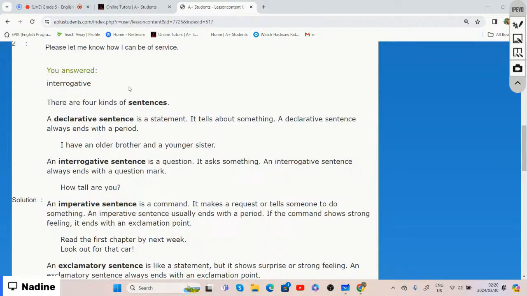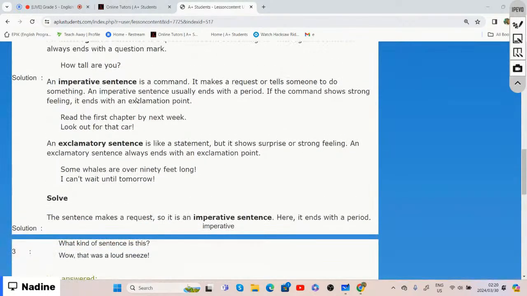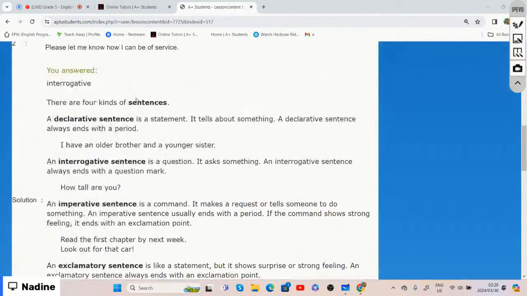So now we need to say what kind of sentence this one is, right? Please let me know how I can be at your service. What kind of sentence is that?